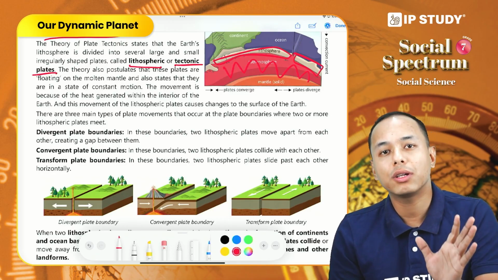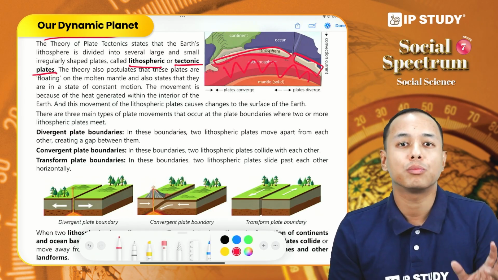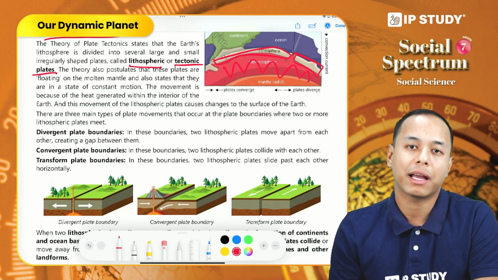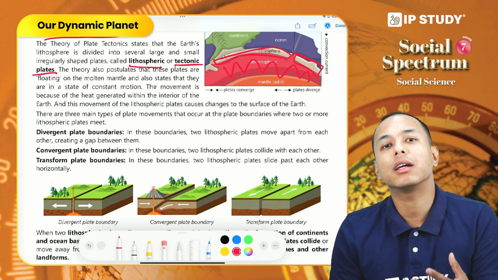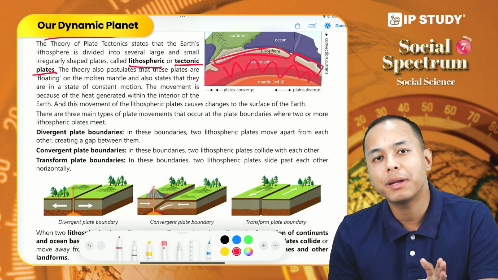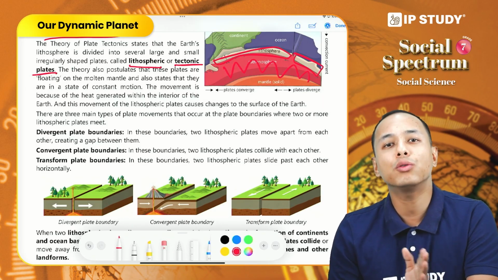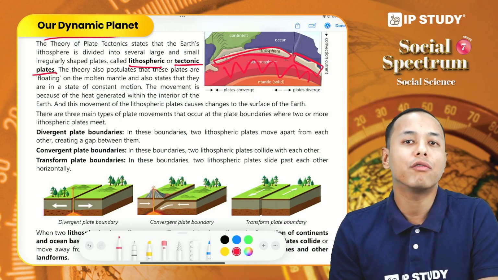So plate tectonic theory states that the earth is composed of many plates, major and minor plates, and they float on the molten mantle, and because of the interior heat, there is a movement and disturbance. When these plates move, they collide or move away from each other, leading to tension or compressional force, and eventually landforms are formed on the surface of the earth.